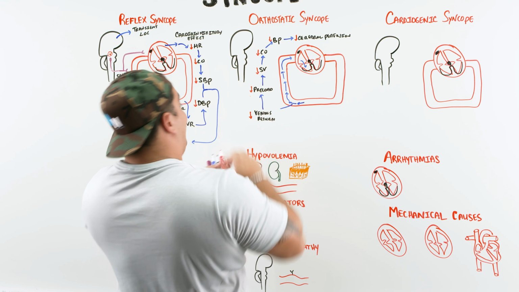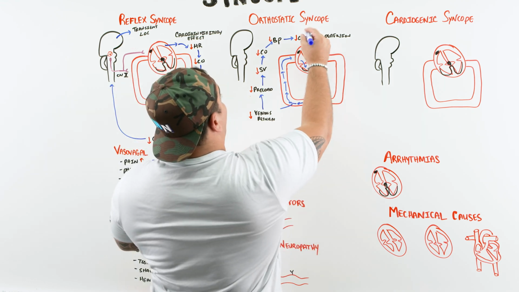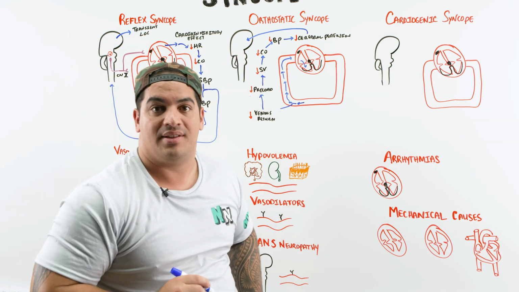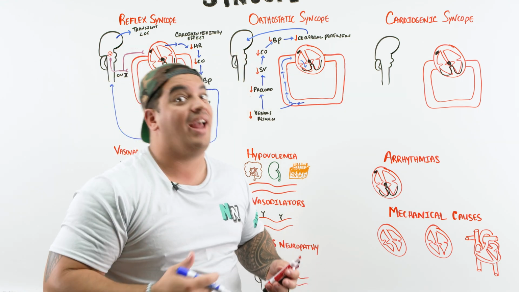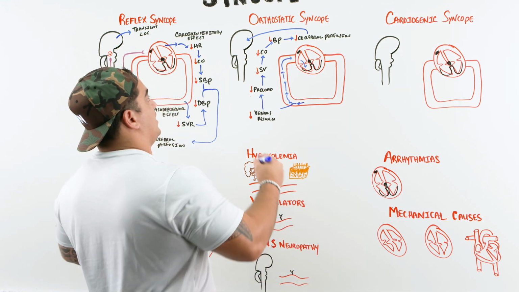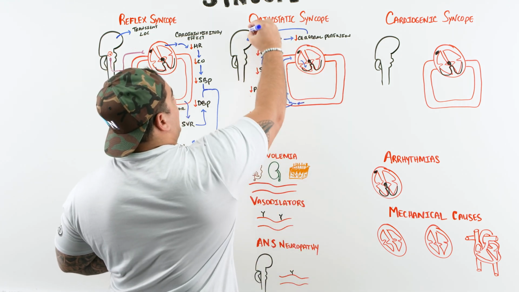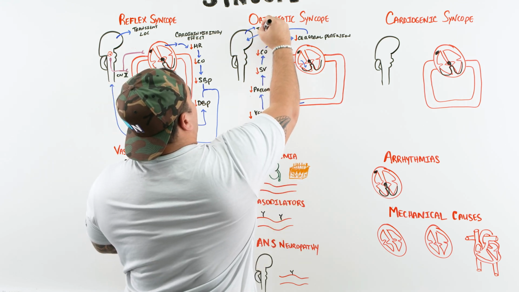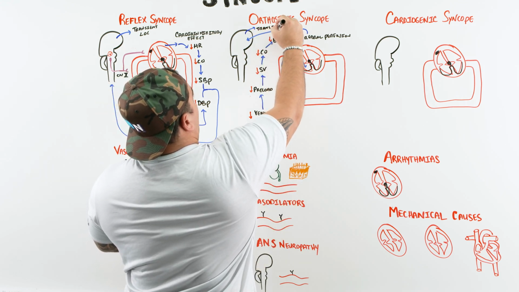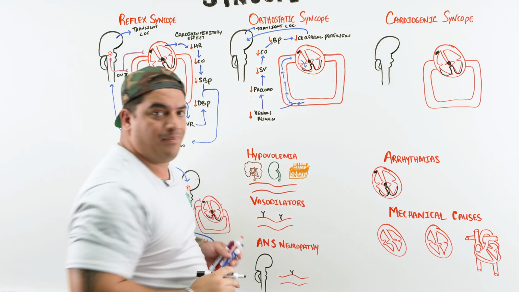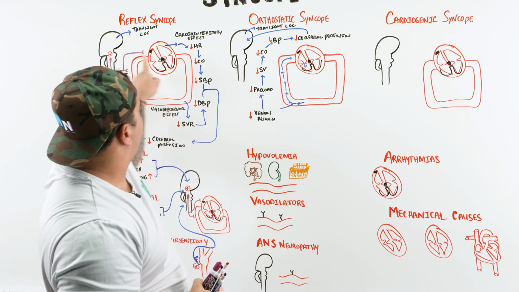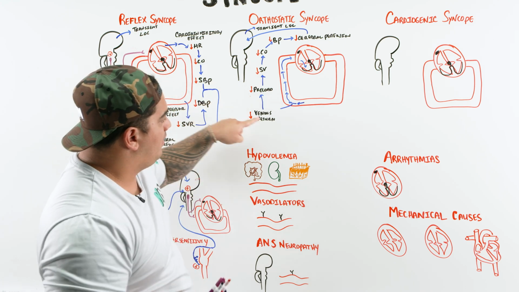As a result of getting less blood flow to the brain, what happens? Global hypoperfusion and transient loss of consciousness. So this would be the transient loss of consciousness, okay?